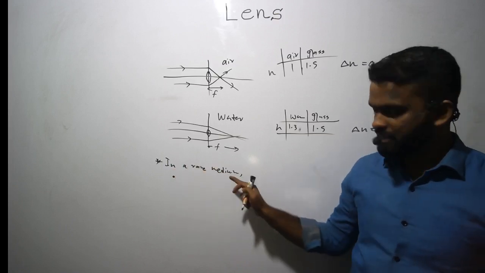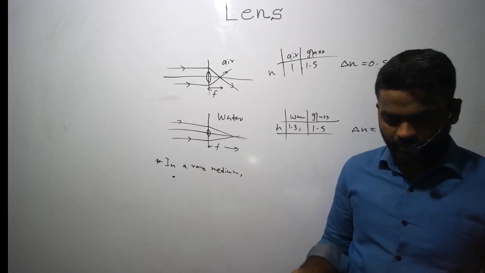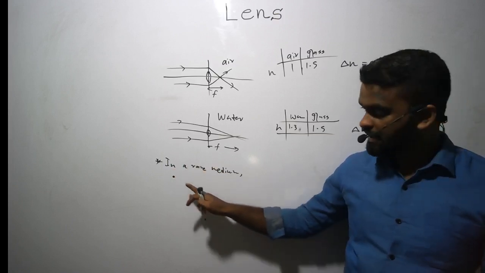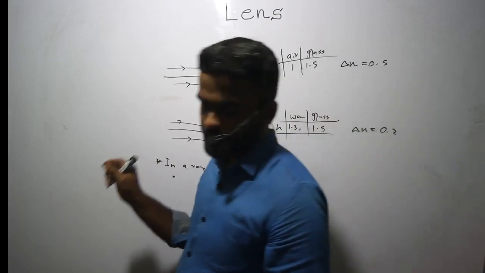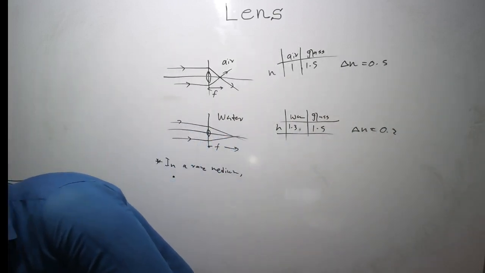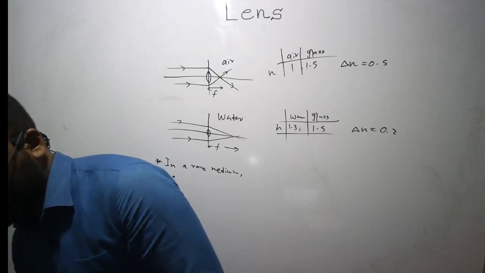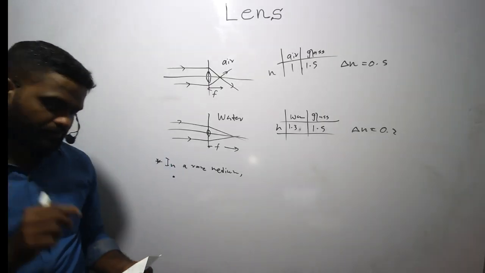In a rare medium, first point, convex lens shows converging properties. To the same line, right?